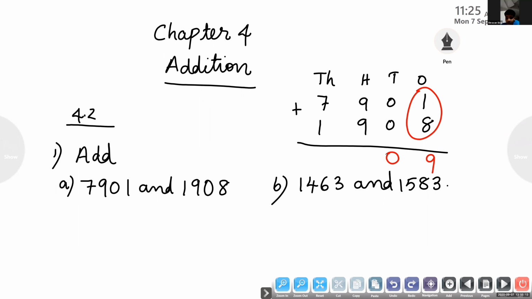Not 40. It's 18. 9 plus 9 is 18. In this 18, what should I write over here in the hundreds place? 1 or 8? You have to write 8. That means you got 1800s.